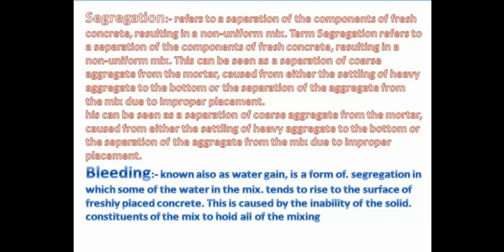When you refer to segregation, the term means separation of components. Now, when you are talking about concrete, it is cement, coarse sand and stone grit, and of course water as well.